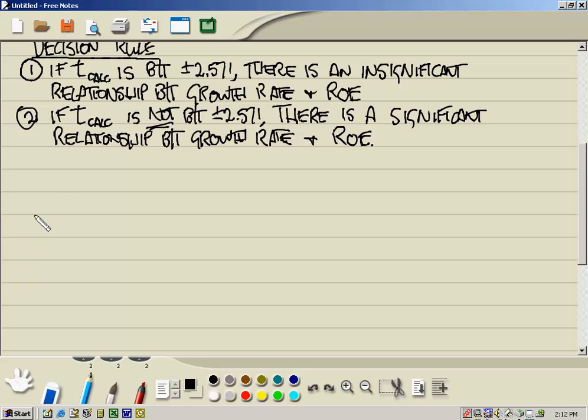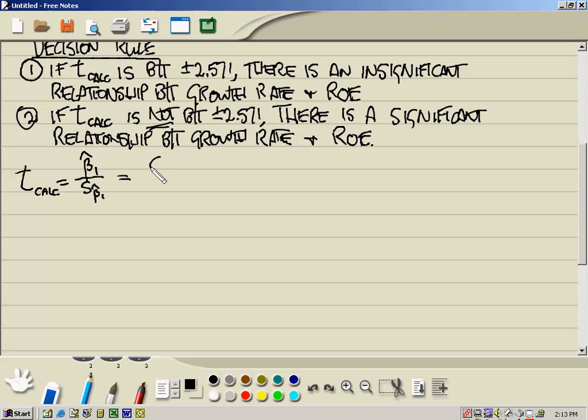Alright, now we're ready for our t-calc, but let's run through the formulas. Actually, we'll first put down the final formula. T-calc is beta hat 1, the estimated slope, divided by its standard deviation, or what is usually called standard error.